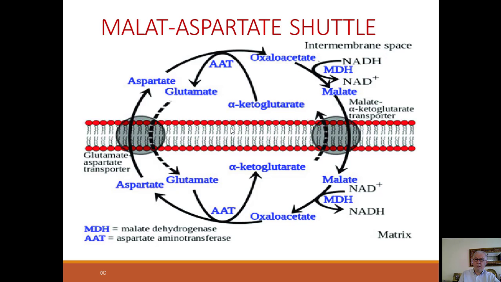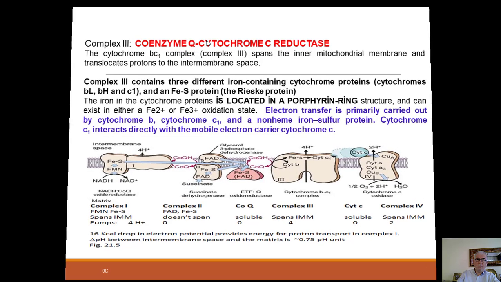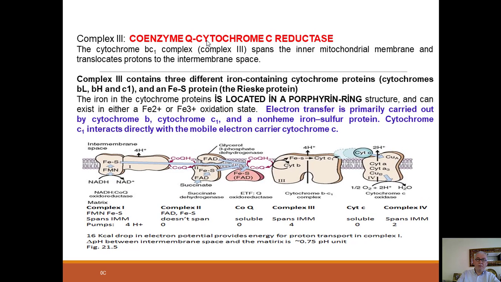Malate can enter by the malate alpha-ketoglutarate transporter system, and malate enters the matrix and turns again to oxaloacetate by the matrix form, the mitochondrial form of malate dehydrogenase, with NAD coenzyme, and produces NADH. So we are able to transfer NADH electrons in the cytosol into the matrix. It's a good advantage for ATP synthesis.